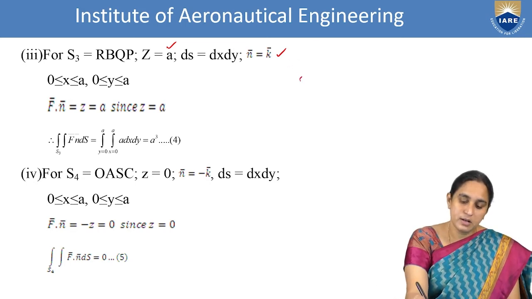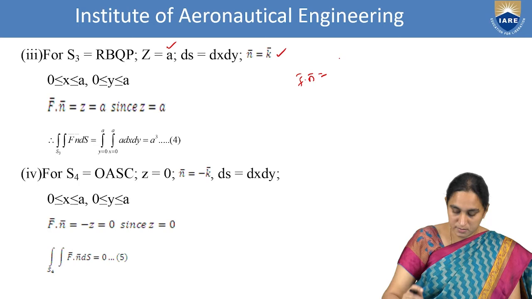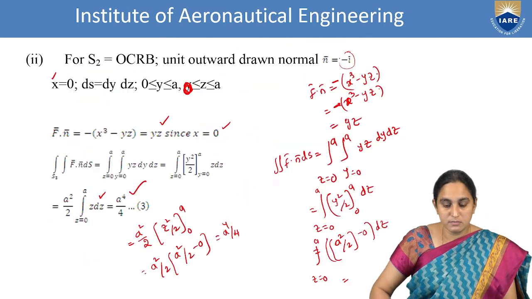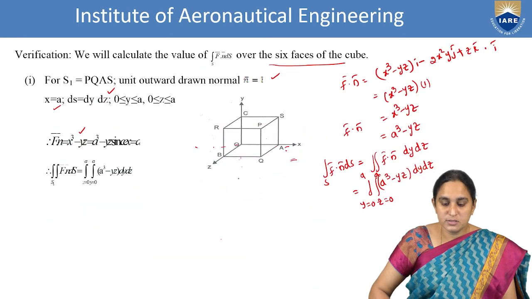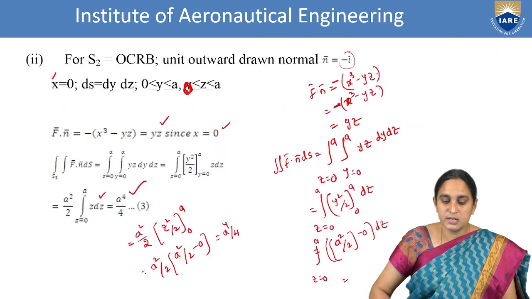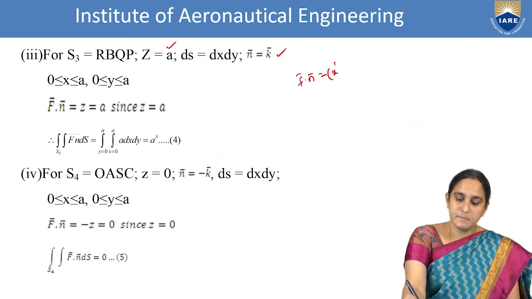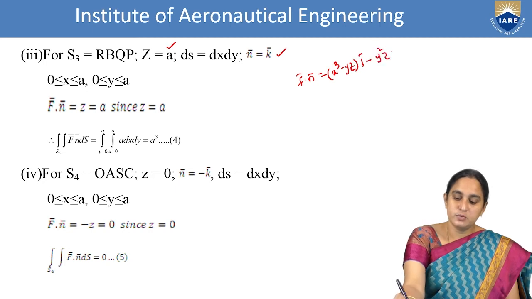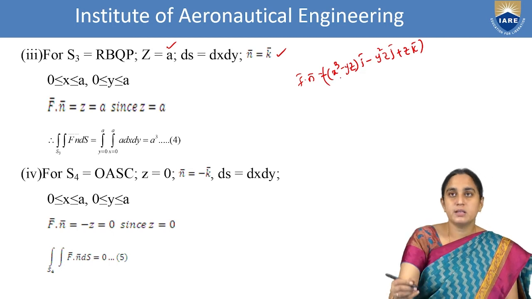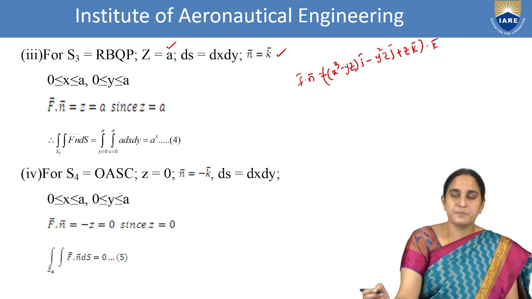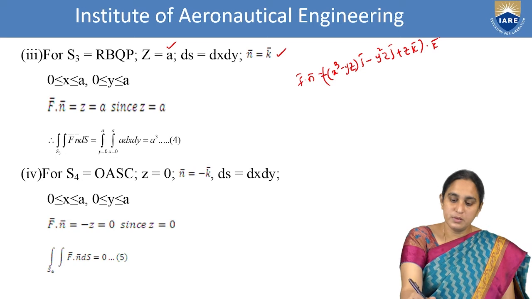Now I'll calculate F bar dot n bar. What is the function here? x cube minus yz i bar minus y square z j bar plus z k bar, multiplied by n bar, which is k bar.